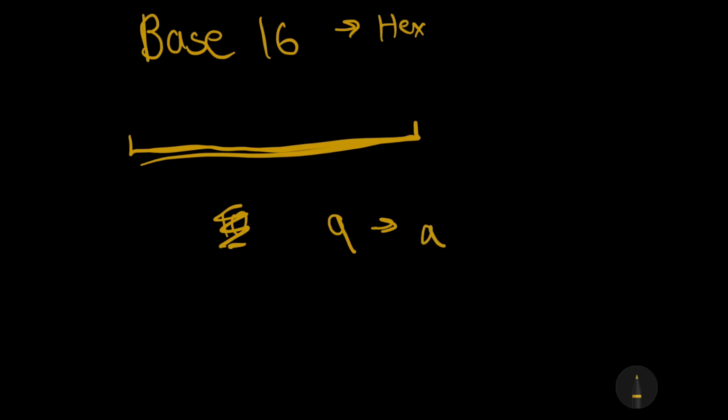So it's just A for 10, B for 11, C for 12, D for 13, and E for 14. So it just goes 9 and then A, B, C, D, E. Yes, we are going into the alphabet because we can't find any more digits.